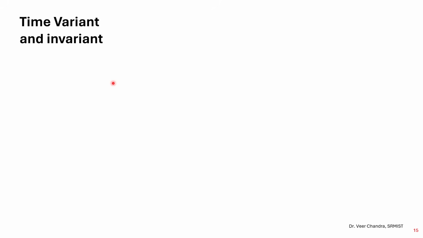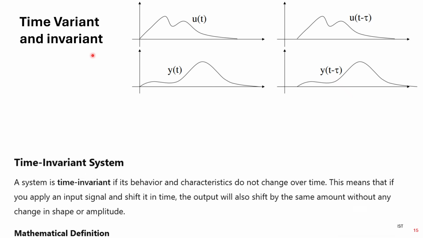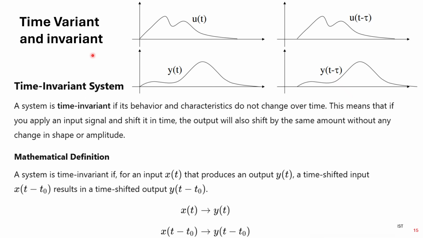Okay, so now we are going to take another type of system, that is time variant and time invariant. Time invariant means whenever you shift in time, the output remains the same shape. Mathematically, when we shift the input, x of t minus t naught, by the t naught amount, then y(t) will also be shifted, that is y of t minus t naught, right?